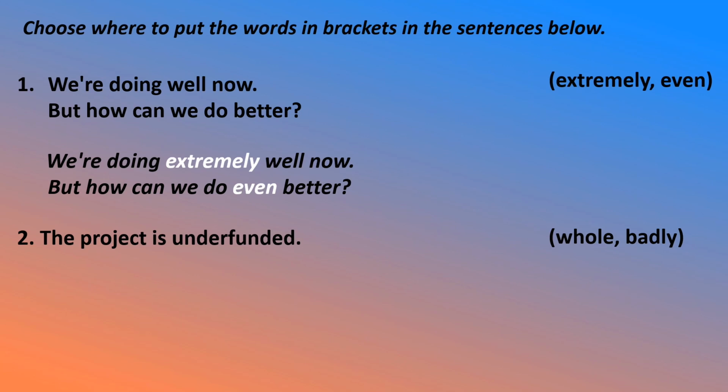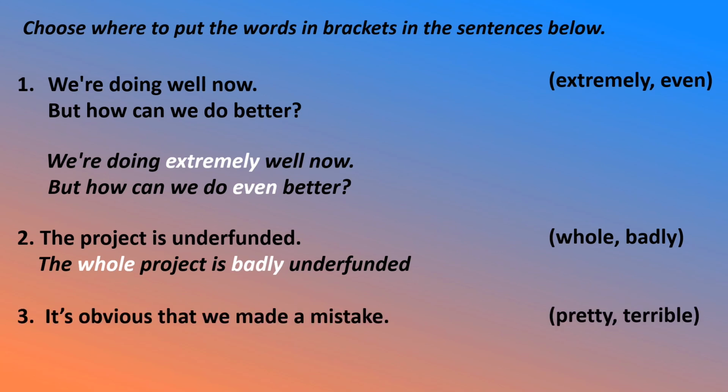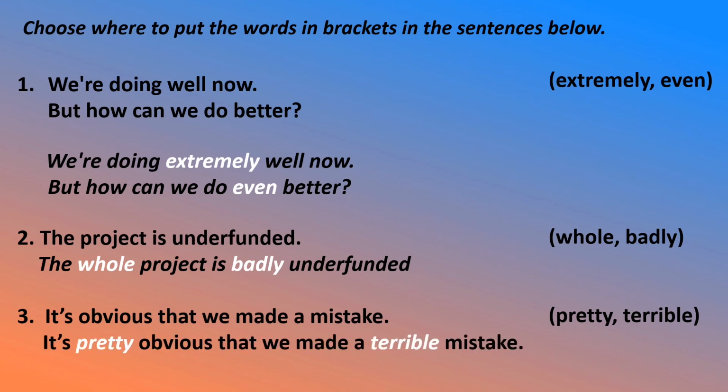Whole, badly. The whole project is badly underfunded. Number 3, it's obvious that we made a mistake. Pretty terrible. It's pretty obvious that we made a terrible mistake. In our downloadable Power Language 1 worksheet, there are more examples for you to try.